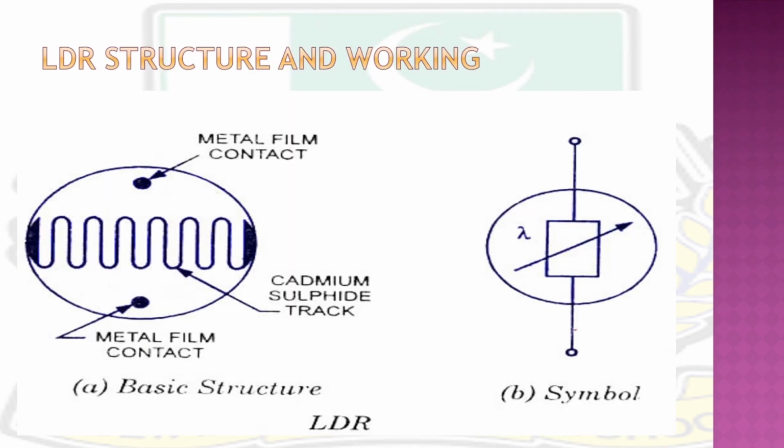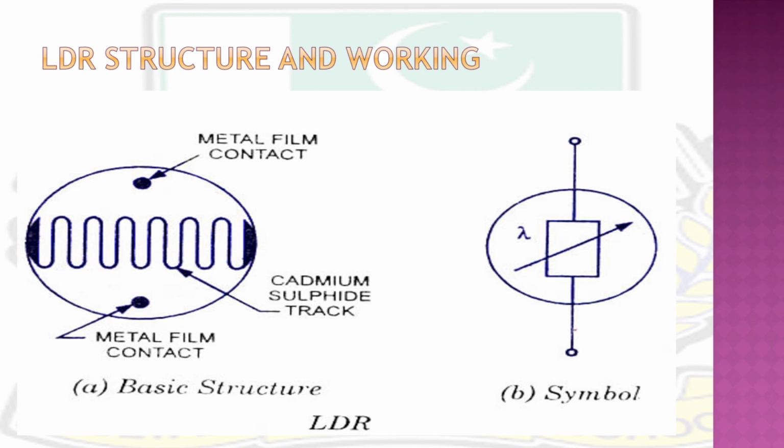Now this is the LDR structure and its working. You can see the snake-like track shown below in the cadmium sulfide film, which also passes through the sides. On the top and bottom are metal films which are connected to the terminal leads, and it is designed in such a way as to provide the maximum possible contact area with the two metal films.